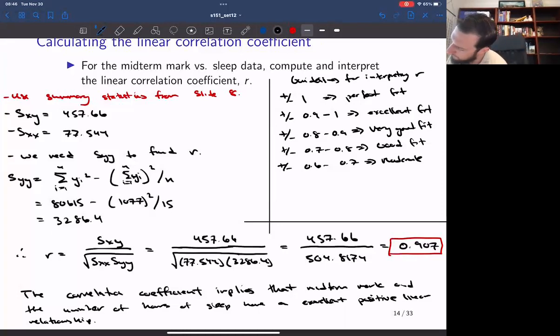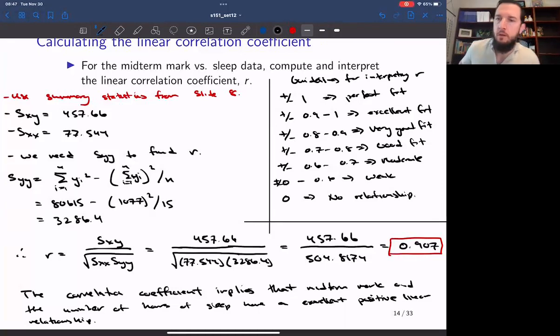We can then think of 0 to 0.6 as being weak, and then 0 would be no relationship. Okay. So rough guidelines.